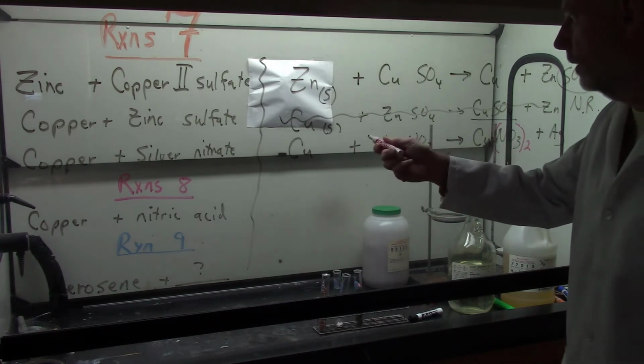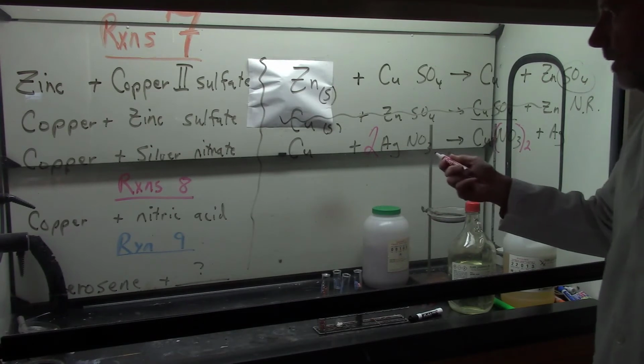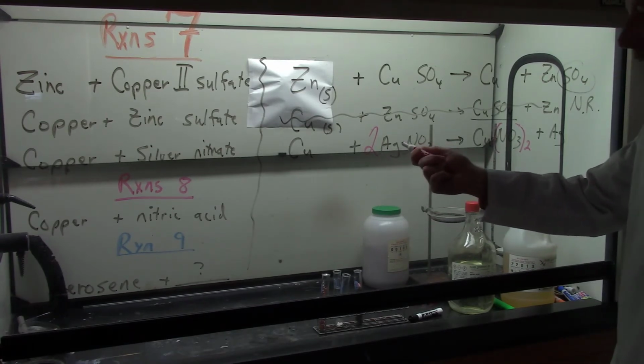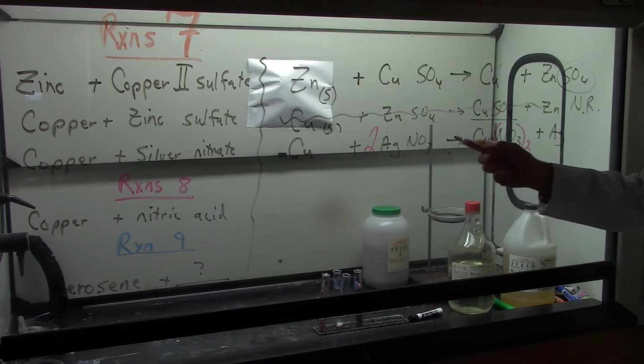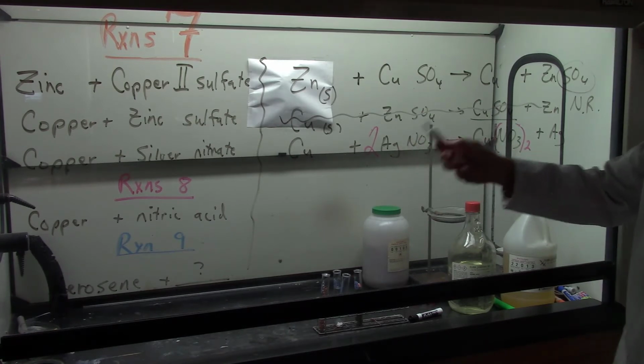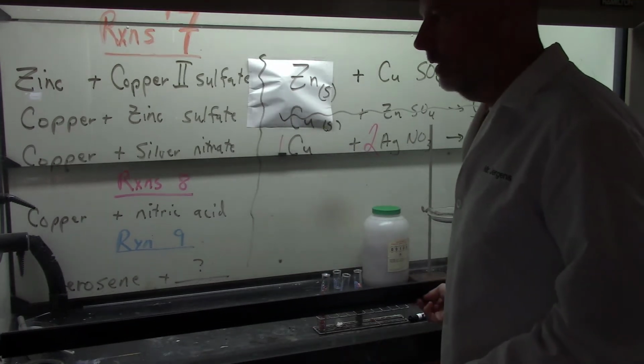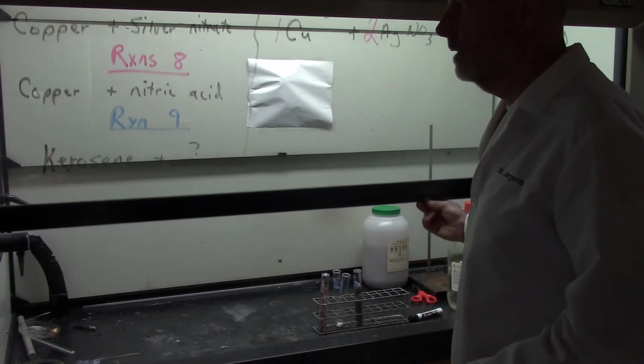Uh-oh, I can only put a 2 here in front of the silver nitrate as a coefficient. I just wrecked my silver numbers. 2 Ags on the left, only 1 on the right, so I can put a 2 right here. Please do not put a little 2 in the bottom. That means that they're bonded together. They're separate silver atoms.